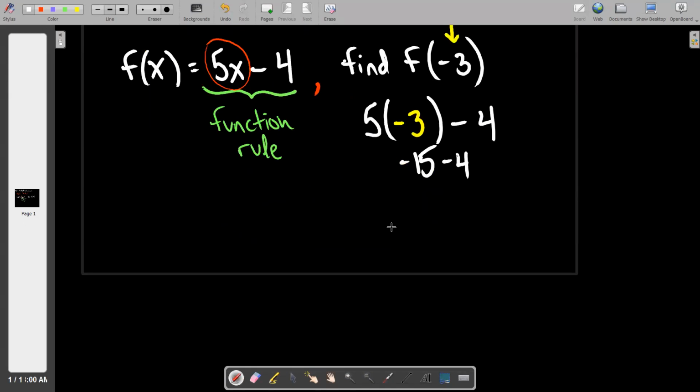We say, okay, everybody, f of -3 equals -19. Simply put, that means that this particular machine, based on his rule, if I feed him a -3, he'll spit me back out the answer of -19. The input is the -3, the output is the -19. Got it? Okay, let's try another one.